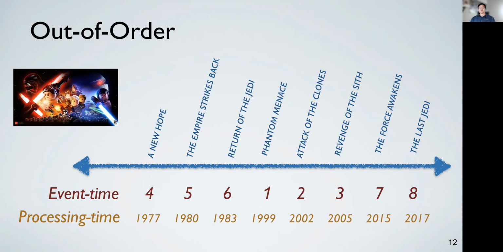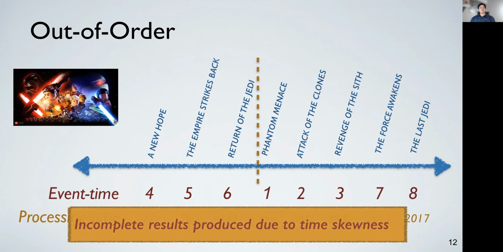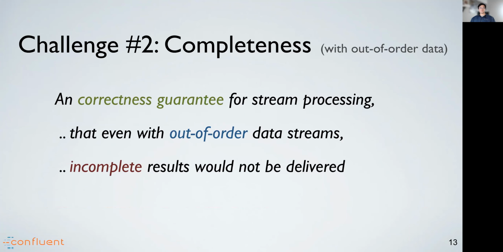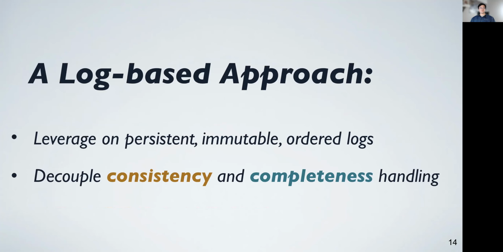If we process them following the processing time order, then at a given time of the processing, for example here, if we ask, give me an aggregated Star Wars storyline that happened so far, we will be generating an incomplete result because of the out-of-order data. As illustrated above, completeness is another important correctness challenge for stream processing, which requires the application to not deliver incomplete results to external services, even with out-of-order data.